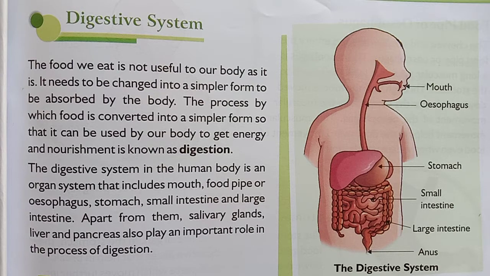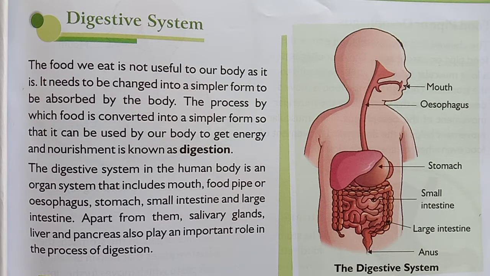Daily when you are hungry, what are you going to do? You are going to eat something. That food we are eating is not useful unless the digestion process happens in our body. The food we eat goes into our body through the mouth. So we can say that the digestive system starts from our mouth.